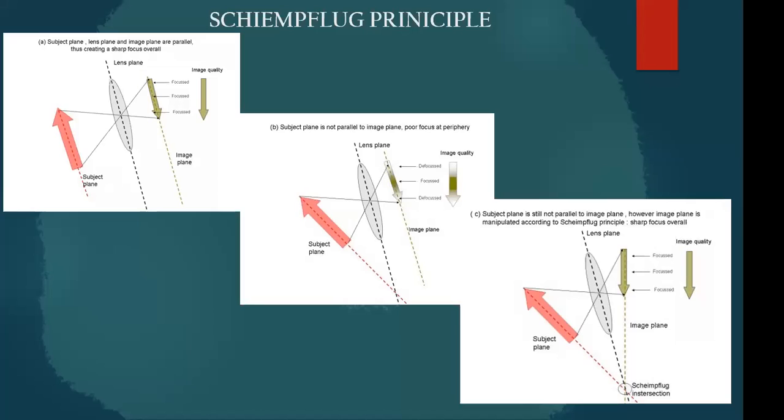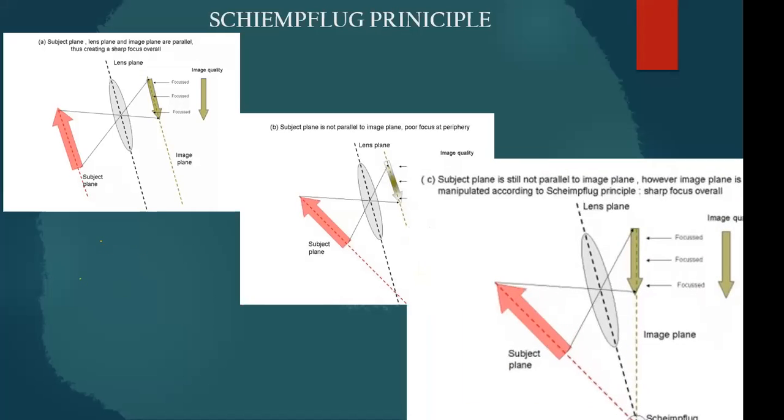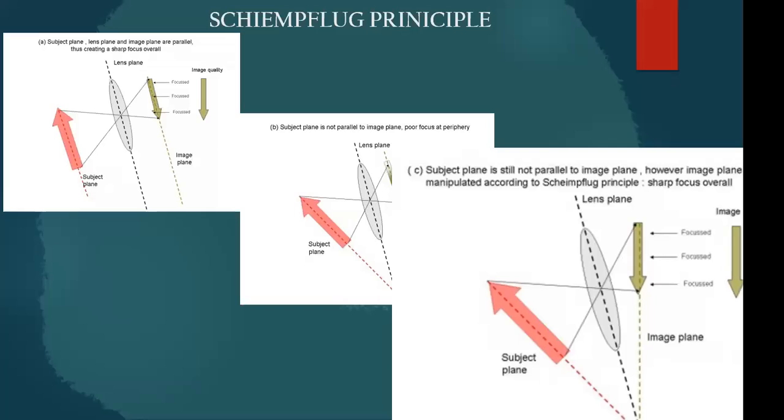So came the Scheimpflug principle, and this is the point of Scheimpflug intersection. The subject plane is still not parallel to the image plane. However, the image plane is manipulated according to the Scheimpflug principle so that there is a point of intersection between these 3 planes, the lens plane, the image plane, and the subject plane, and they meet at this point of Scheimpflug intersection to give us a focused image both in the center and the periphery.